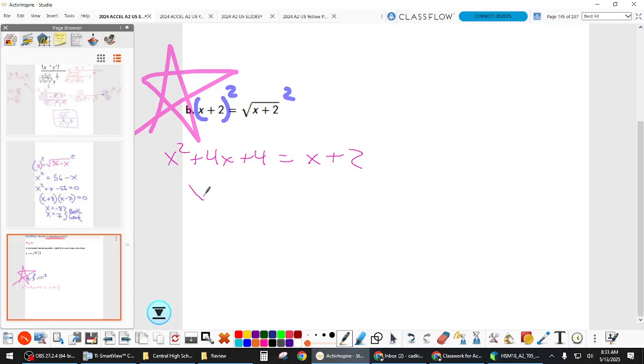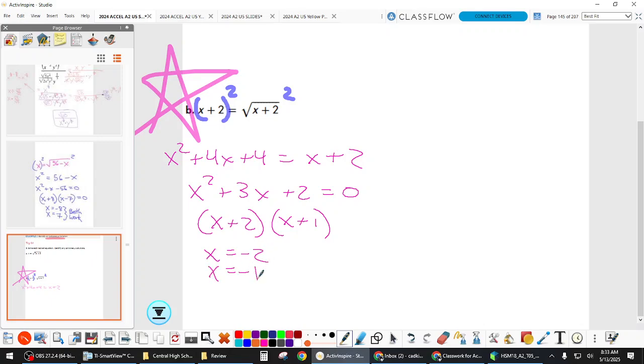Alright. Get all your like terms together on this, or whichever side you like. Factor. Okay. Does negative 2 work? Yeah, it makes this 0, which is fine. Does negative 1 work?